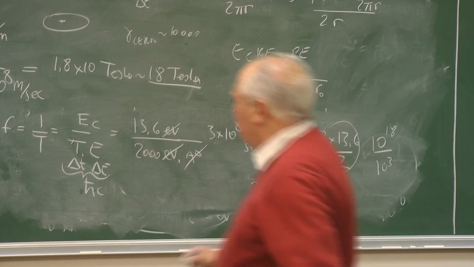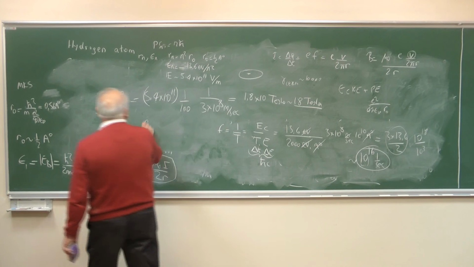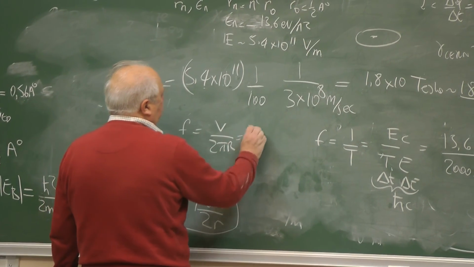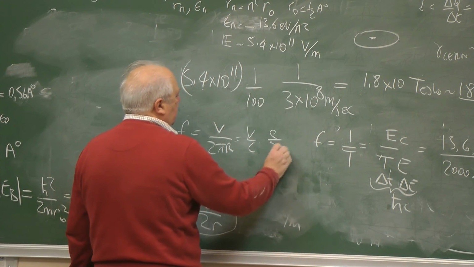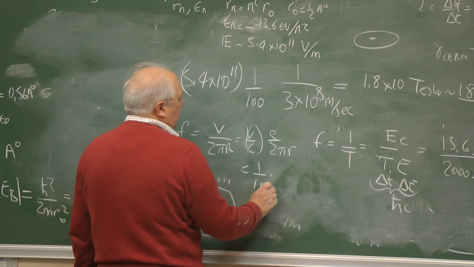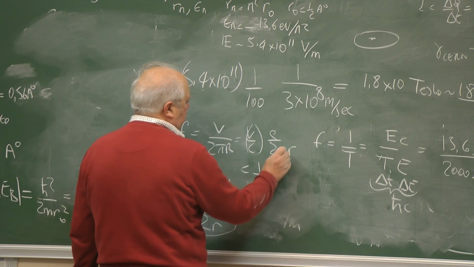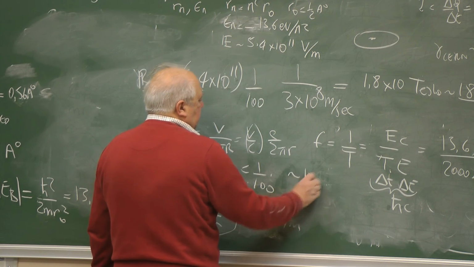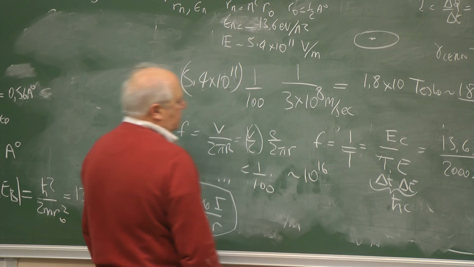You can also estimate, of course, F from here. F is equal to V over 2 pi R, and V over C, C over 2 pi R. This is like 1 over 100. And you plug in the numbers, this will turn out to be again of order 10 to the 16.